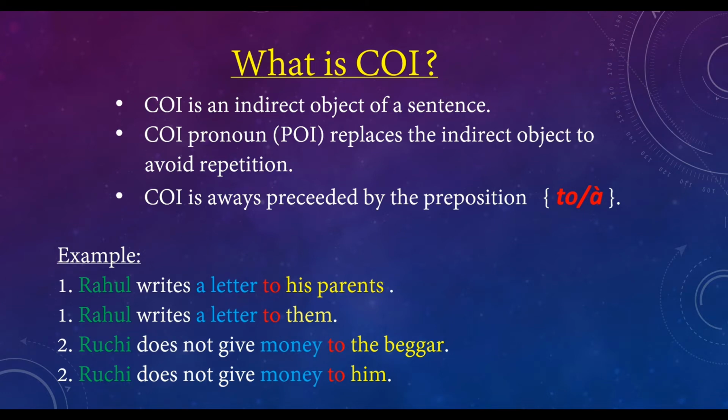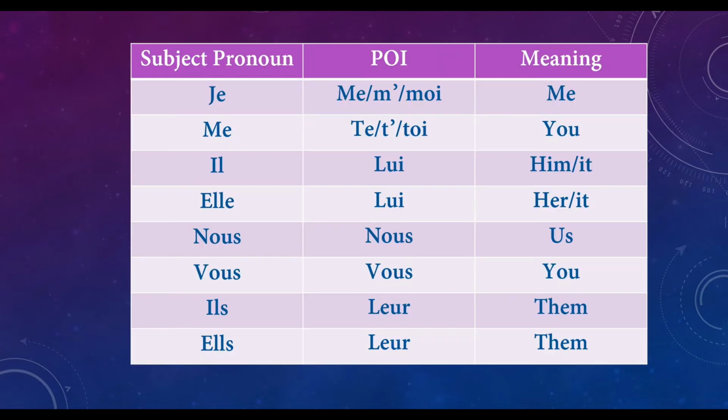Now let us see how it looks like in French. So this is the POI here. These are the subject pronouns, je, tu, il, elle, nous, vous, ils, elles. These are the indirect pronouns or the POI. Me, te, lui, nous, vous, leur.